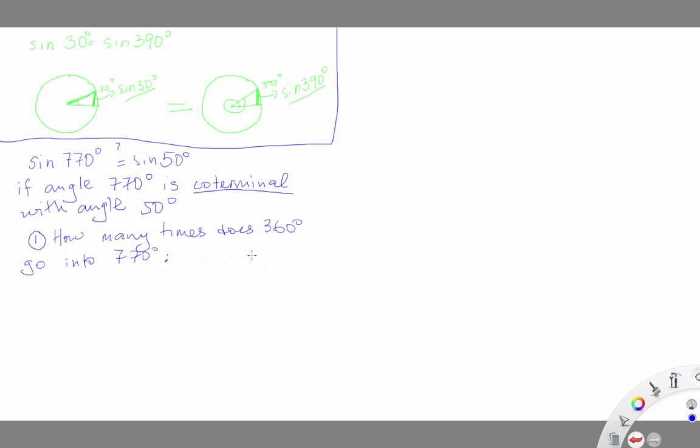Well, when we try to answer a question with how many times something goes into something else, we always use division. So we're going to do 770 degrees divided by 360 degrees.